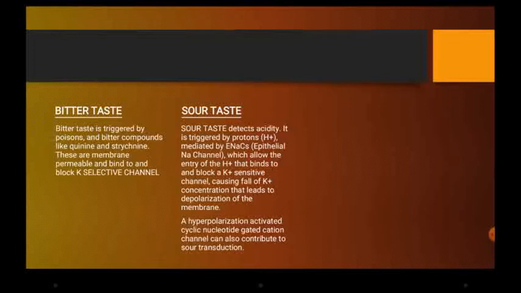A hyperpolarization activated cyclic nucleotide gated cation channel can also contribute to the sour transduction.